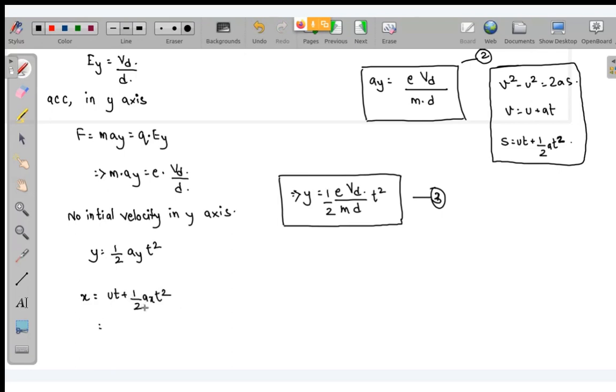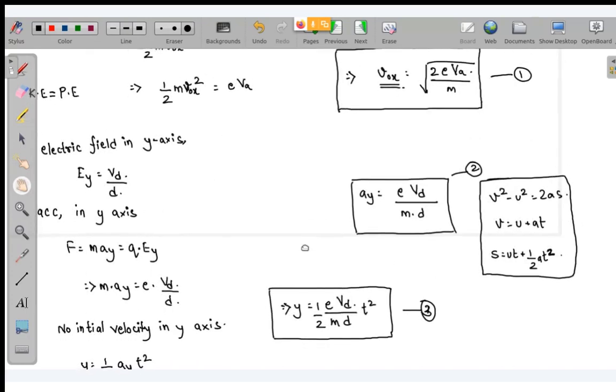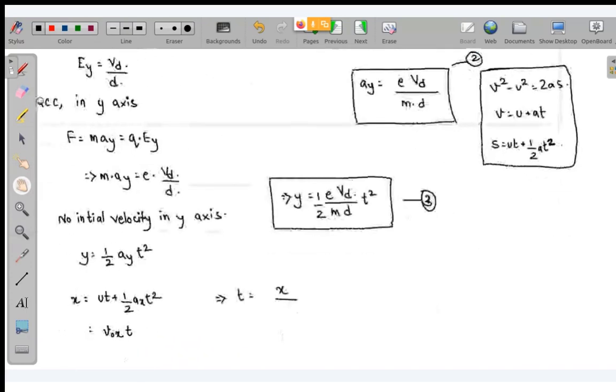Here ax is 0 and u is vox, so t comes out to be x by vox, where vox is under root 2EVA by m. This is equation 4.